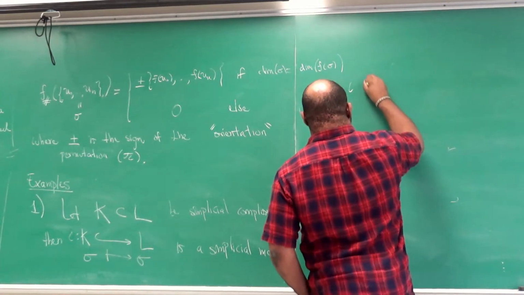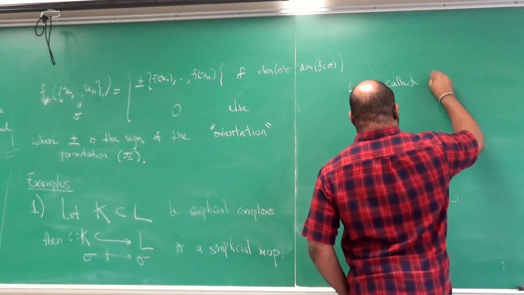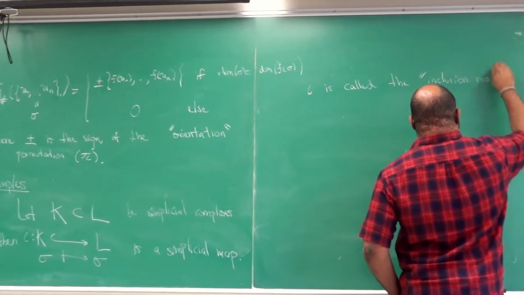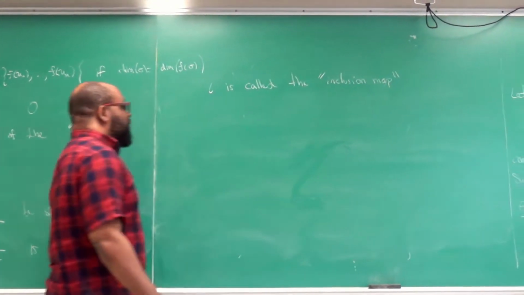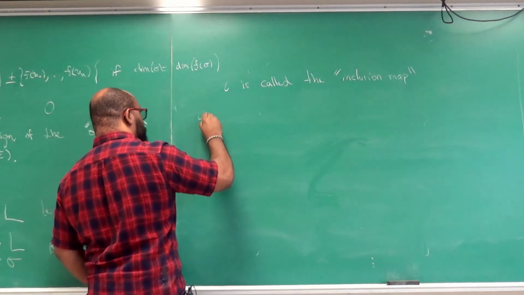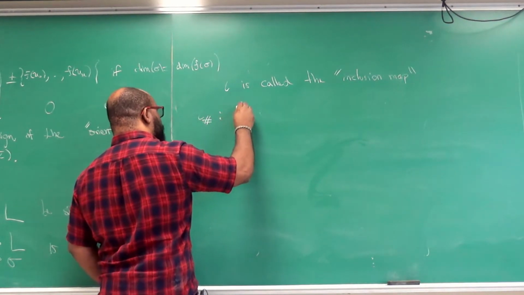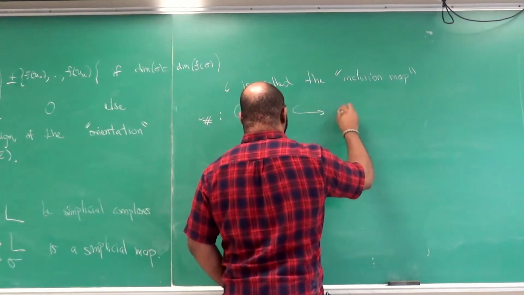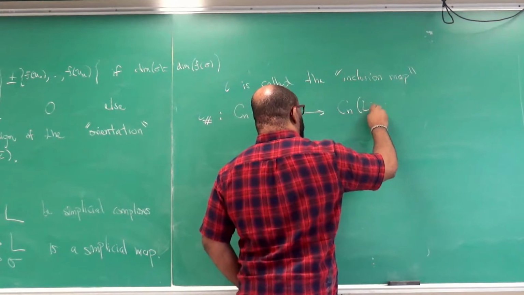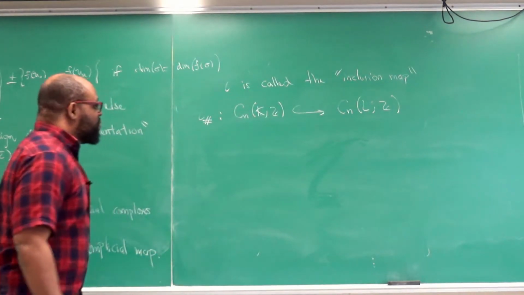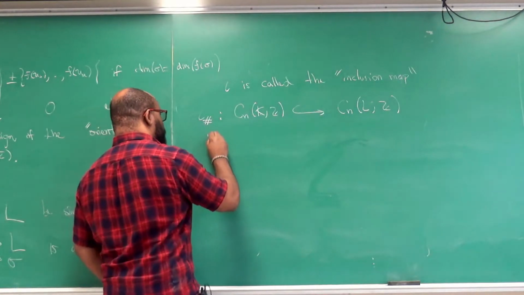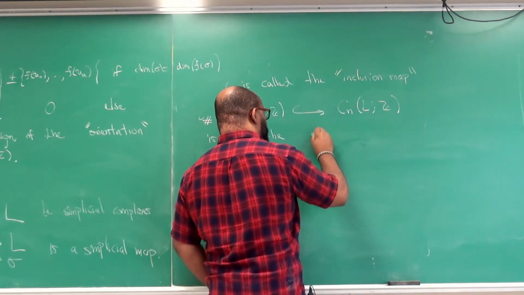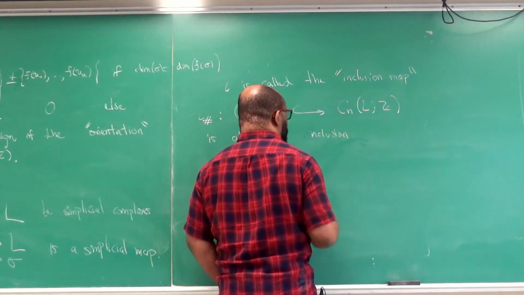Right, so iota is called the inclusion map. And then iota sharp from C_n(K; Z) is also the inclusion, right?